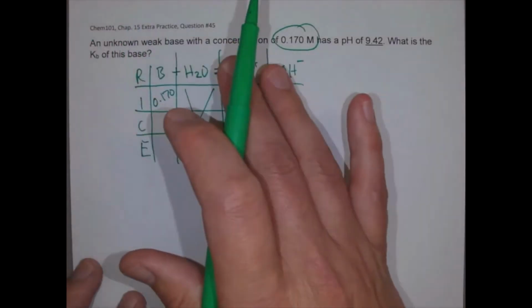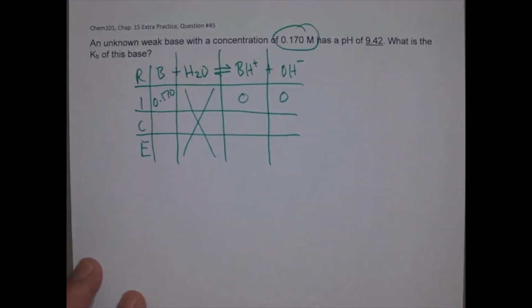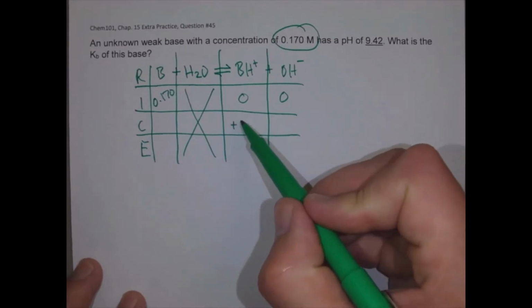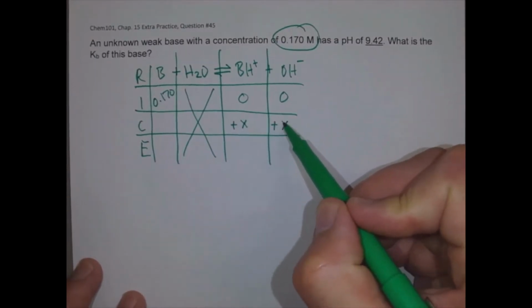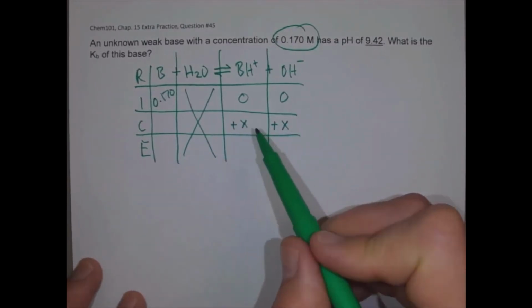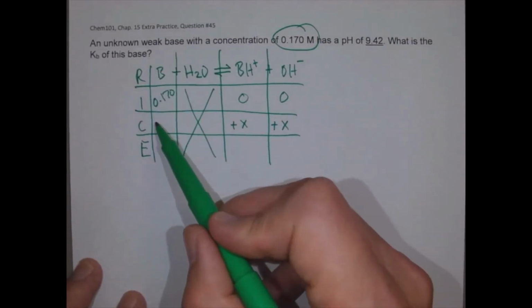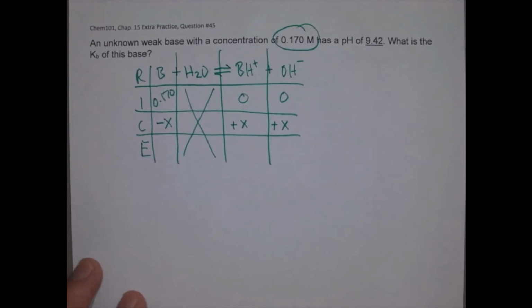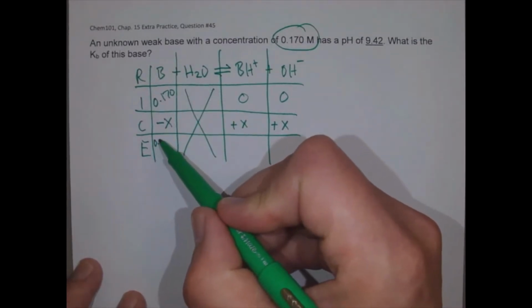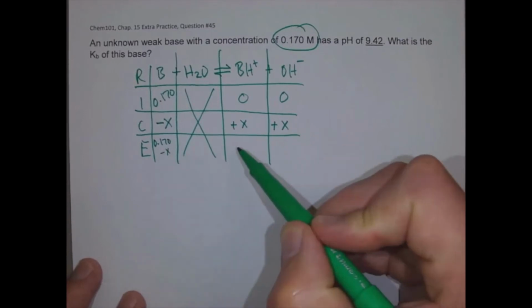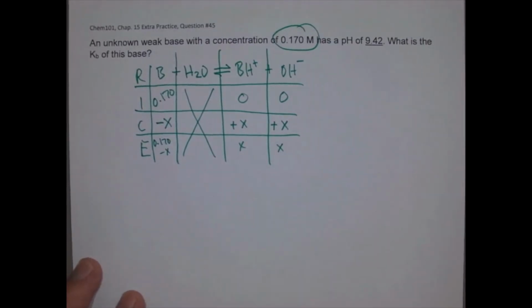There should be some of everything in the reaction mixture. So I'm going to produce some BH plus, and I'm going to produce some hydroxide ions, so plus X and plus X. Well, it came from this base reacting with the water, so I can do a minus X over on that side. So then I just bring the columns down, so 0.170 minus X, X, and X.